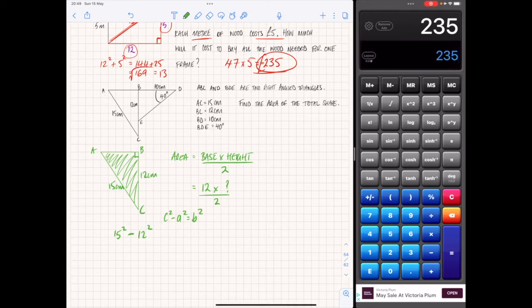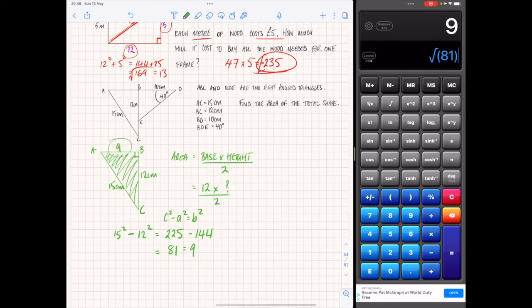Or you could say c squared minus b squared equals a squared. So I'm doing 15 squared, which is 225, minus 144. So using your calculator, 225 minus 144 gives me 81. And then we're square rooting 81, which hopefully you all know, but if you're not 100% sure, is 9. So that height there is 9.